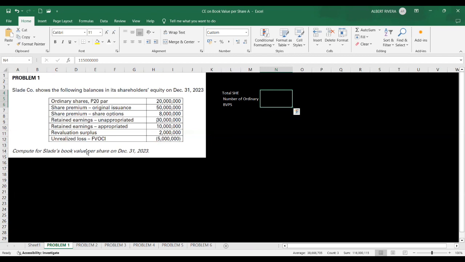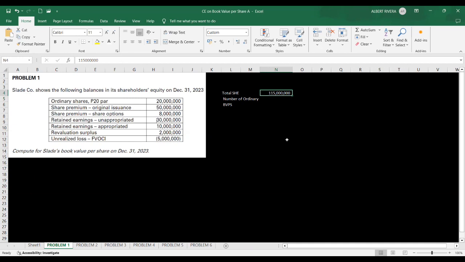Okay. So here, ang tinatanong lang naman dito is the book value per preference shares. So if you will compute the total stockholders' equity here, that is 20 plus 50 plus 8 plus 30 plus 10 plus 2 minus 5, makukuha mo to. This is 115,000.